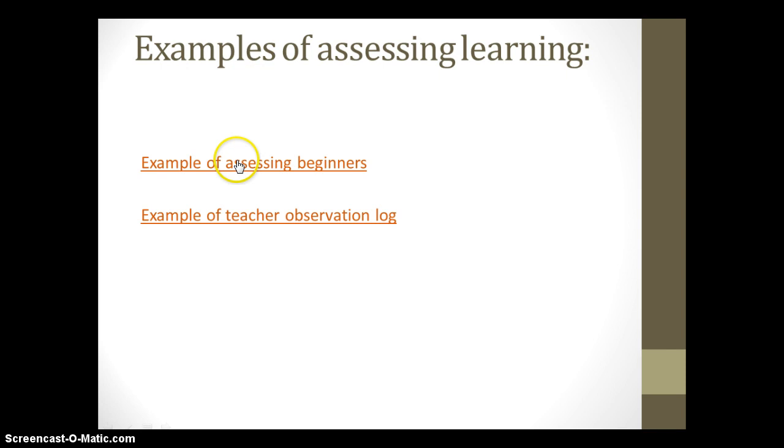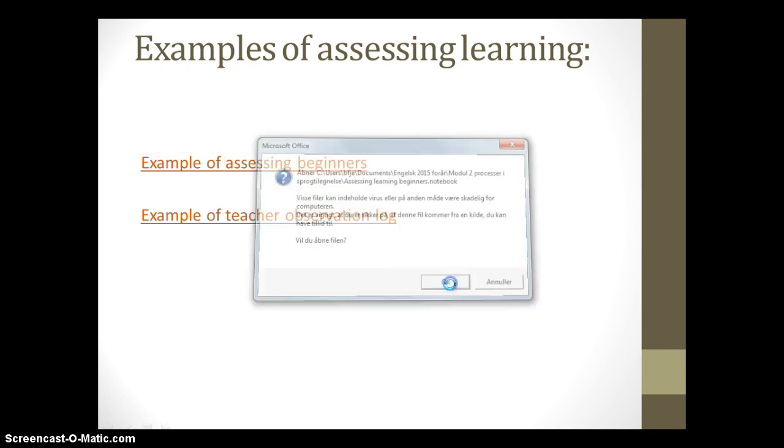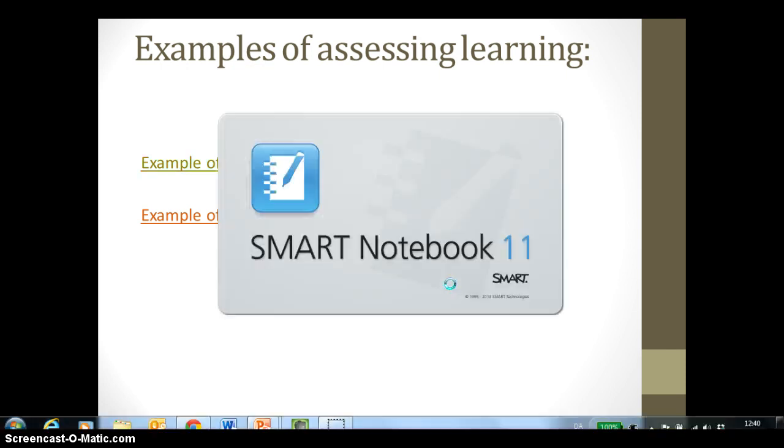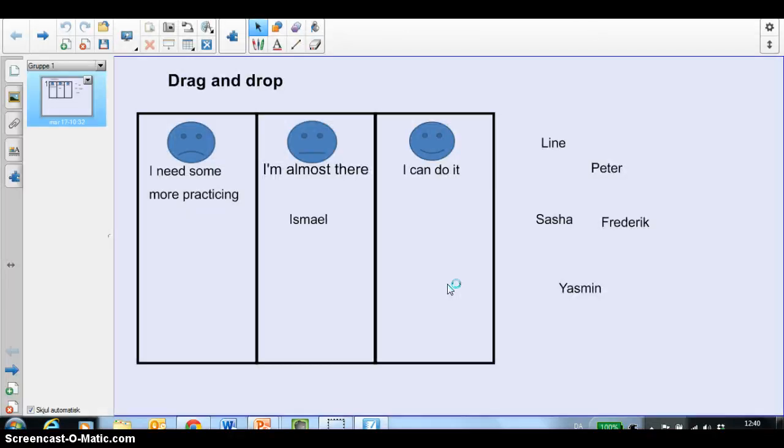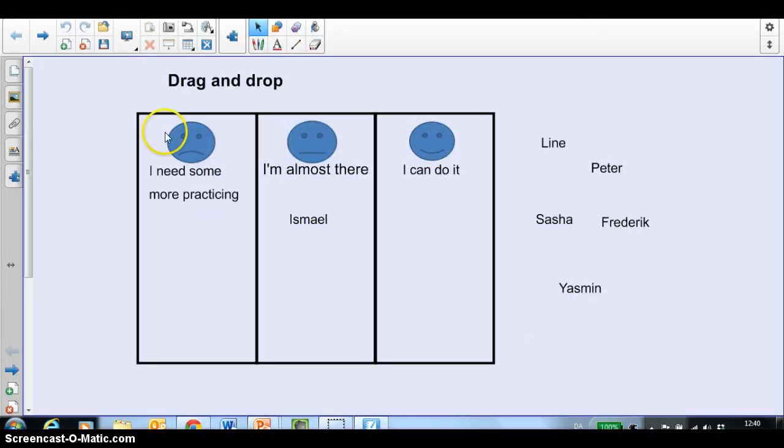And here's an example of how to do that. You do that in Smart Notes. So you create this little chart here, and then you ask your students to place their names according to where they think they are. I need some more practice, I'm almost there, or I can do it.